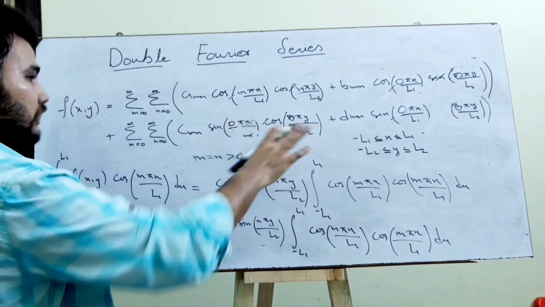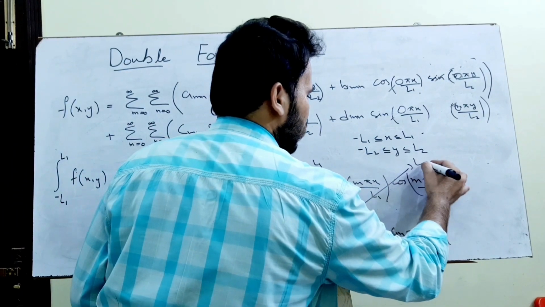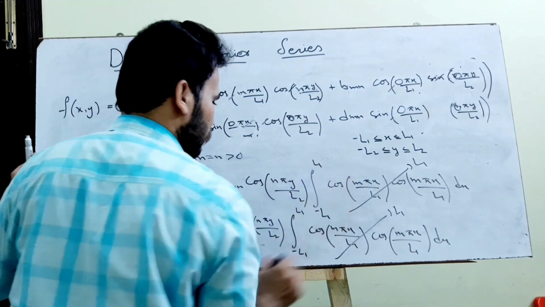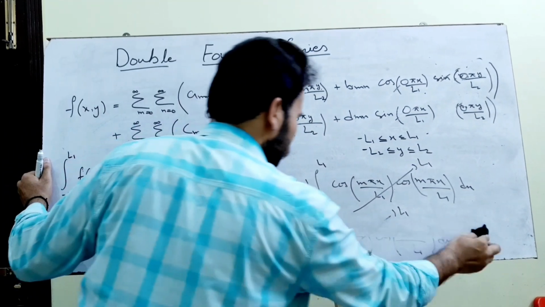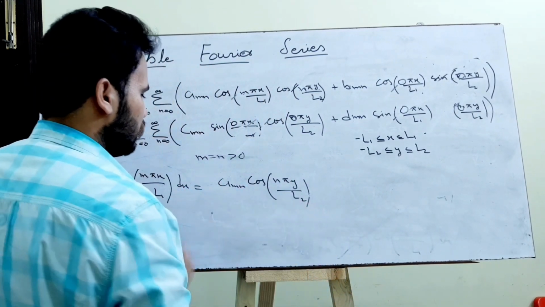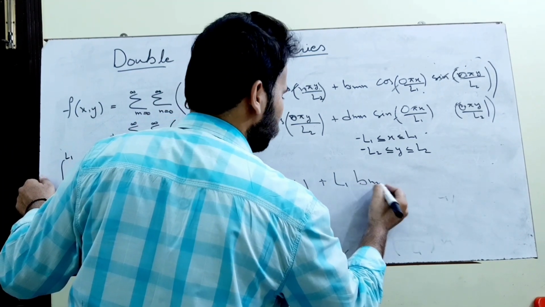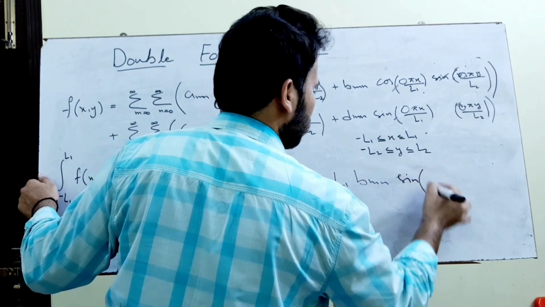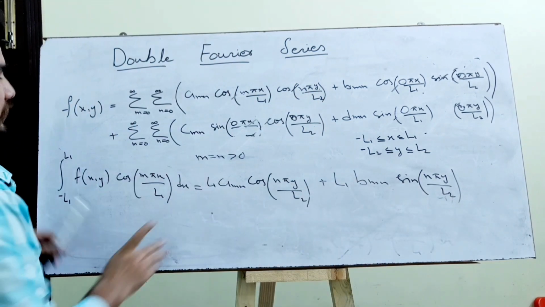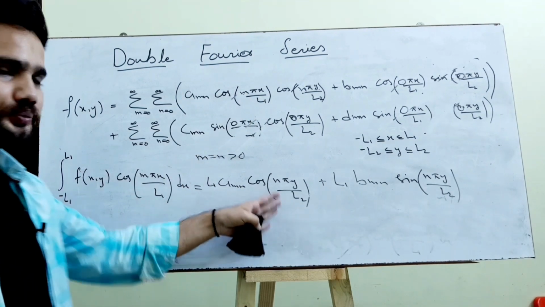Other terms will be 0 because of orthogonality, and the result is just L1. So the left one is a_mn L1 cosine n pi y over L2 plus L1 b_mn sine n pi y over L2. This is the result when we integrate after multiplying with cosine m pi x over L1 on both sides.